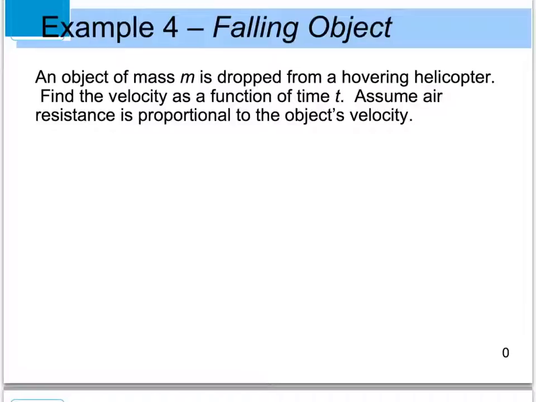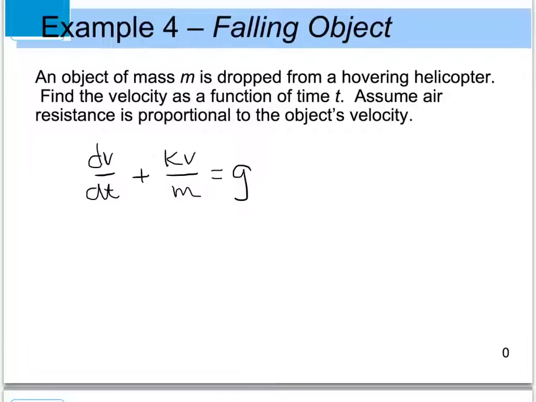Because air resistance is proportional to the object's velocity, I know that dv/dt plus k, my proportionality constant, times velocity, divided by my mass, is equal to gravity, or the gravitational constant.